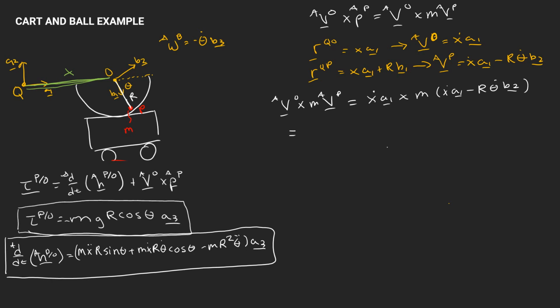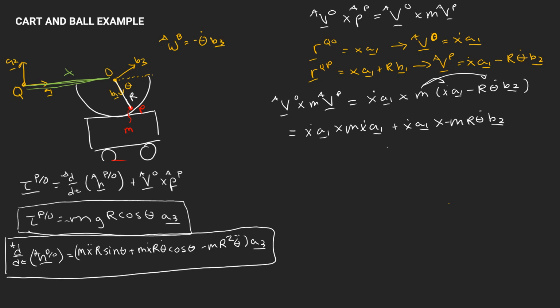Now we can distribute that m, and then distribute the cross product. So we end up with x dot a1 crossed with m x dot a1, plus x dot a1 crossed with negative m r theta dot b2.